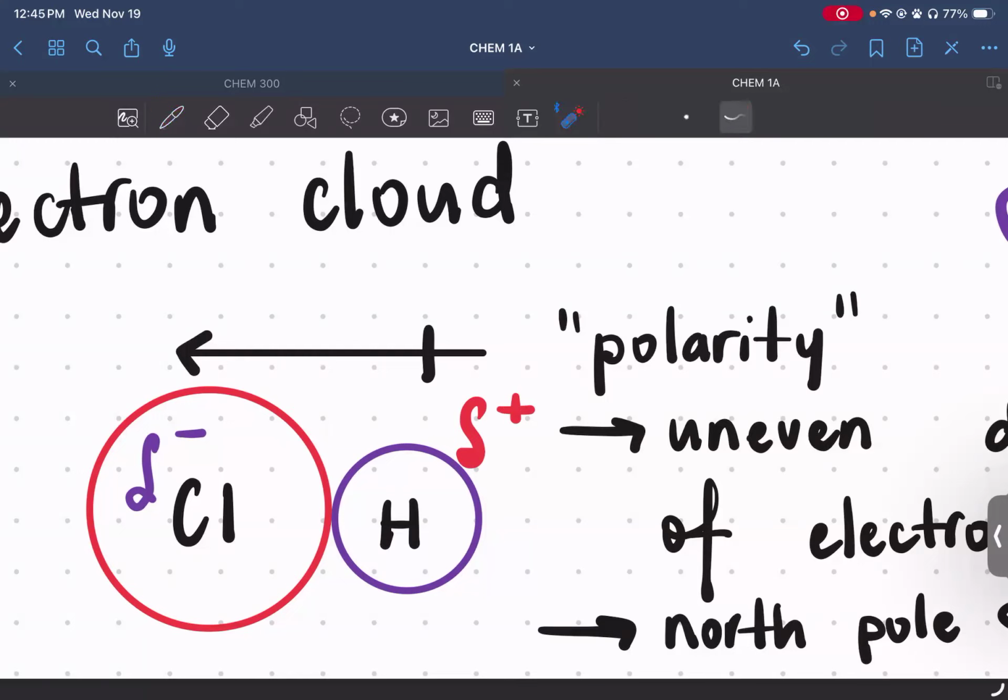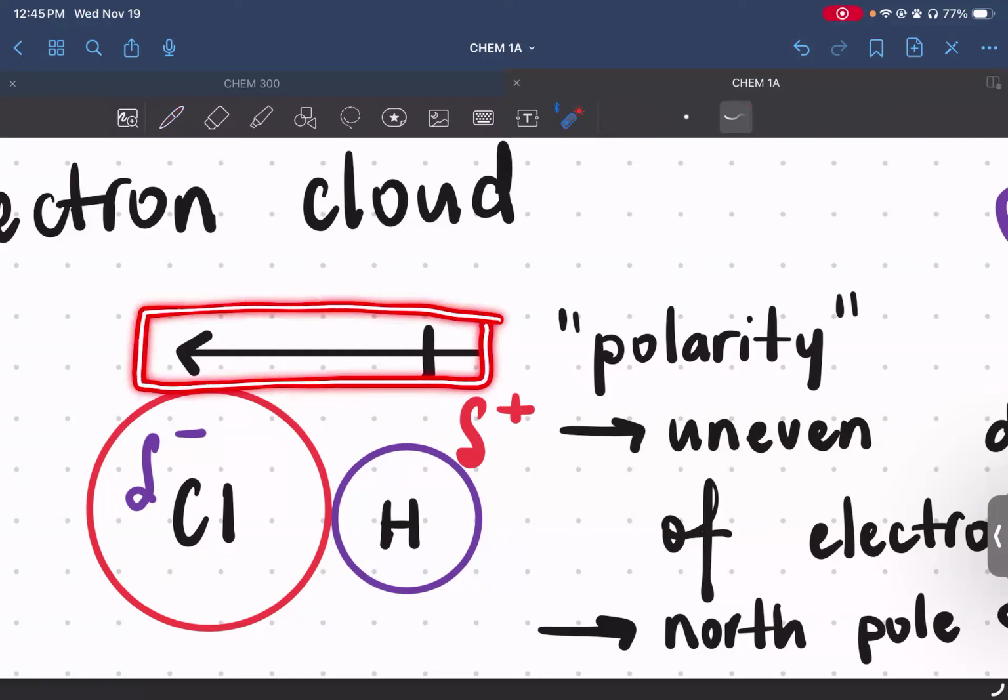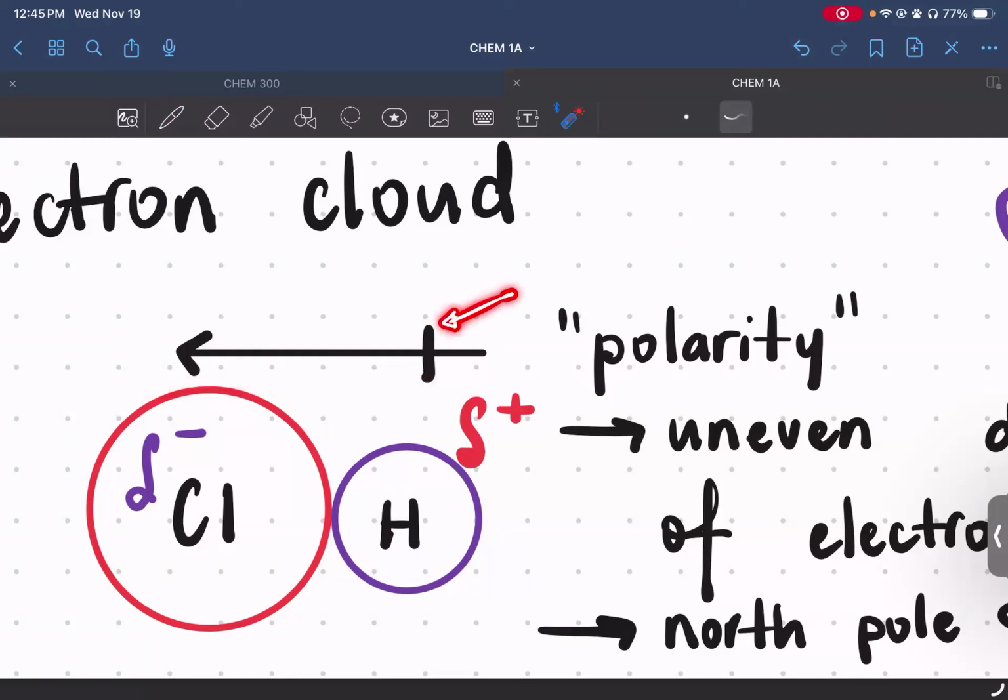This is reflected in the arrow that is drawn. In fact, the reason why we put a line right through the arrow is to visually represent this side is slightly positive, this side is slightly negative.